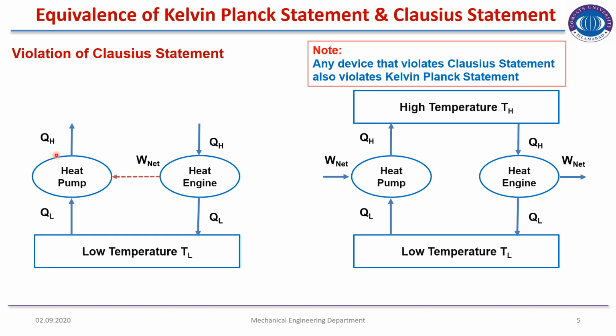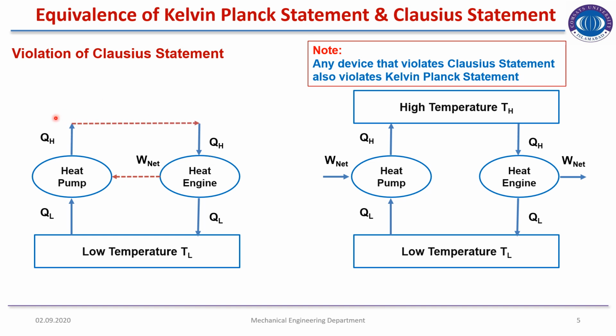QH is the amount of heat that was rejected by the heat pump into the high thermal energy reservoir, and QH is also the amount of heat that was received by the heat engine from the high thermal energy reservoir.